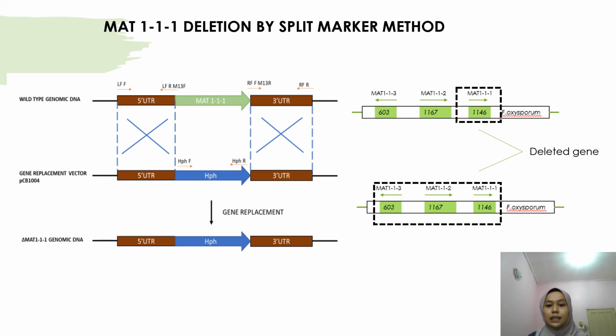We will delete MAT1-1, as it carries the alpha box transcription factor, and also the whole MAT gene, using the split marker method, by which we will replace the MAT gene with the hygromycin resistance gene from the vector pCB1004, and then we'll transform.